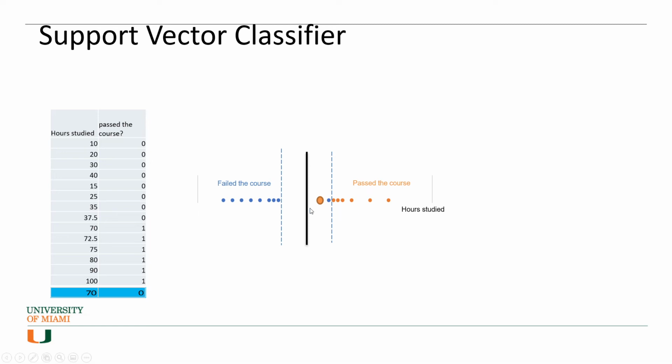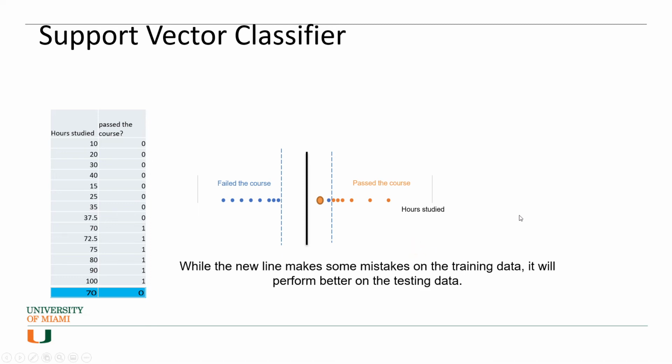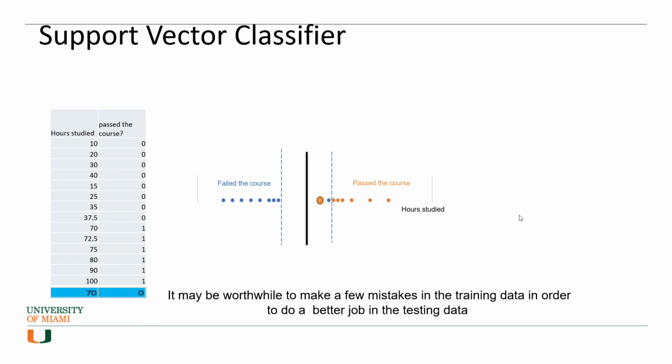So although in training you are misclassifying this blue dot, in testing you're correctly classifying this orange dot. To put it formally, while the new line makes some mistakes on the training data, it will perform better on the testing data, and it may be worth making a few mistakes in the training data in order to do a better job in the testing data.